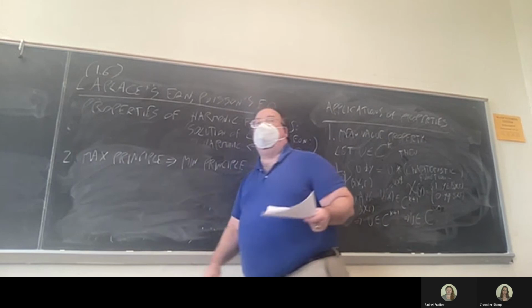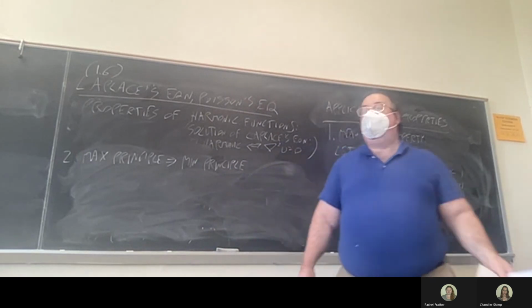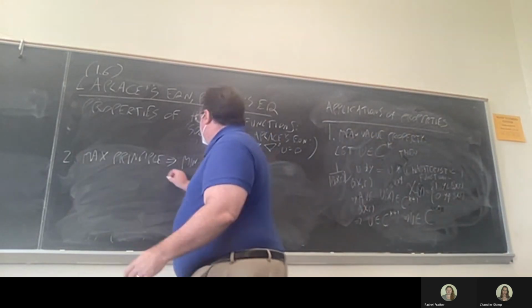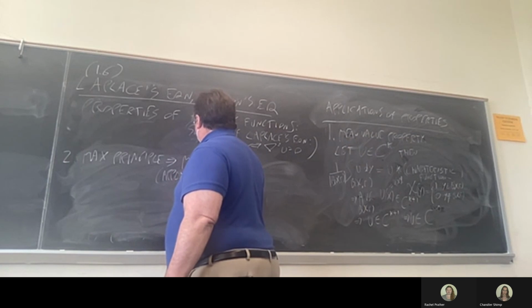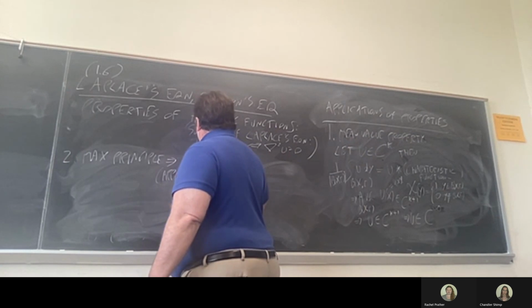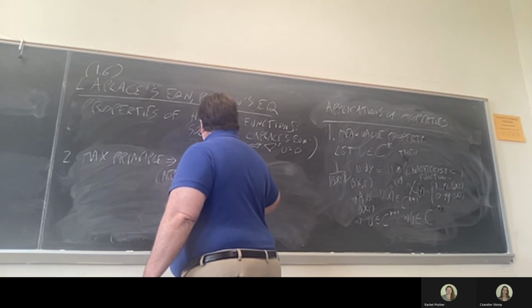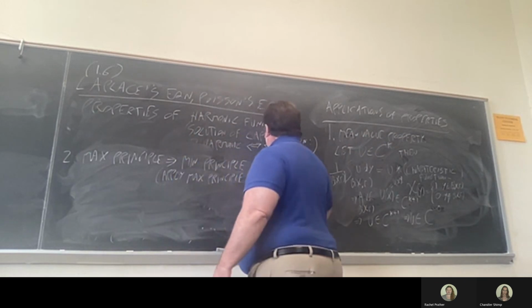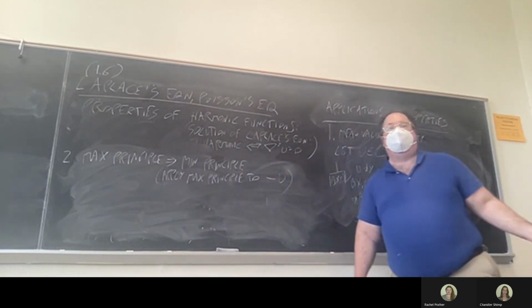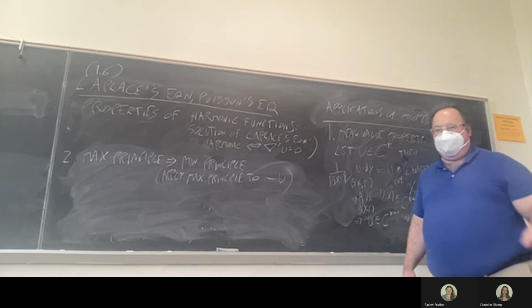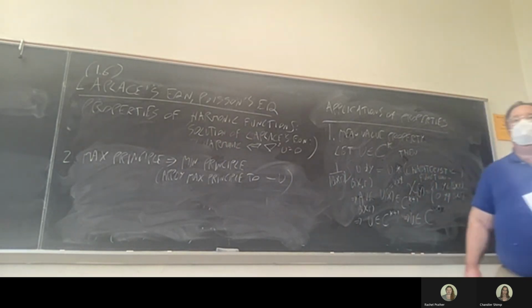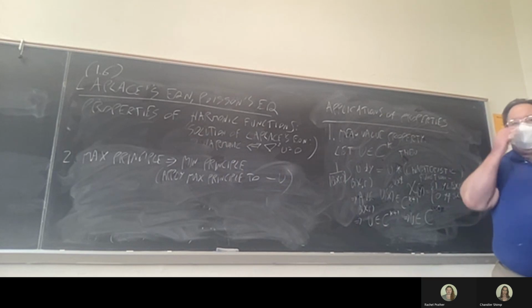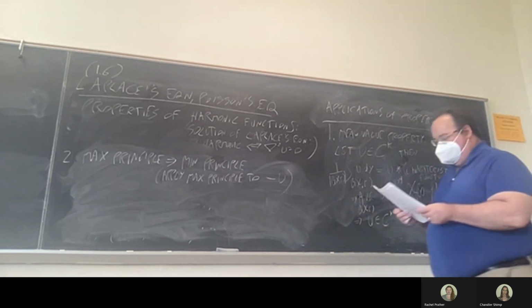The maximum must occur on the boundary. The minimum must occur on the boundary. And the way you can get that is you apply the maximum principle to minus u, because if u is harmonic, then certainly minus u is also harmonic. So now we can say that the maximum and minimum of a harmonic function must both occur on the boundary.